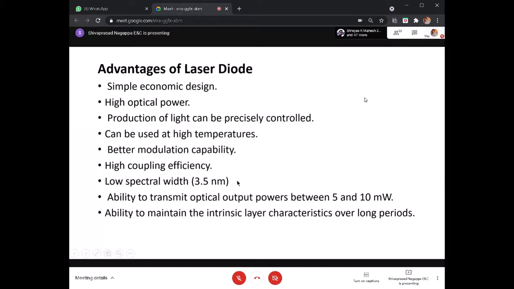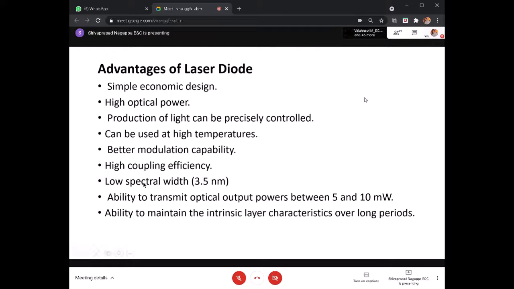low spectral width. These two points, I think, while explaining LED, I had mentioned for the laser diode. That is the radiation pattern of your laser diode, which is very directional. As you all know, this laser diode is a directional one, and the response time is good, the spectral width is very less, and it can connect to a smaller core.